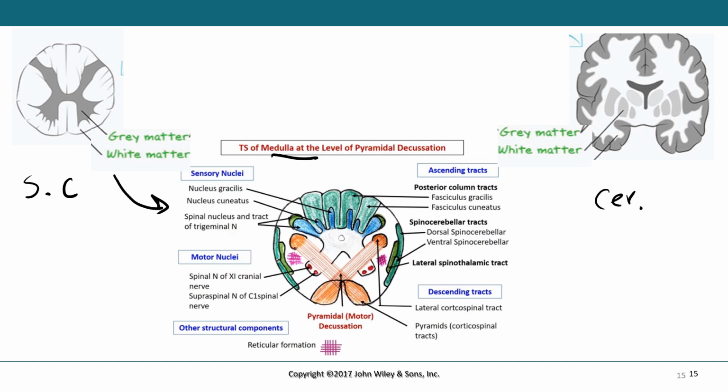And here, if you remember the nuclei, all these are nuclei, they will be gray matter. If you look at where they are located, I'm going to highlight it here. All of these are inside, inside, inside. Similar to here, all of these are inside.